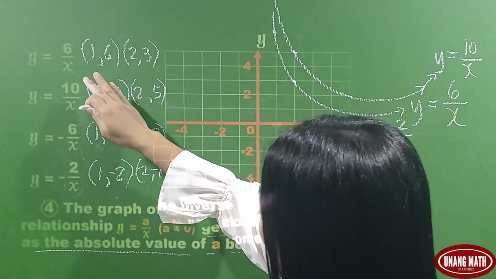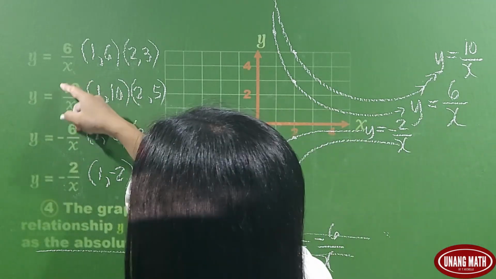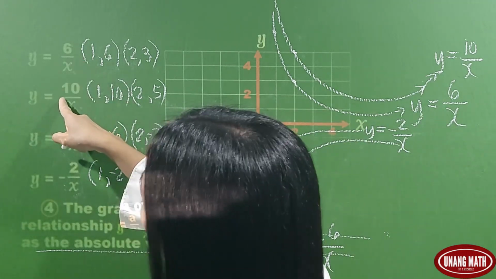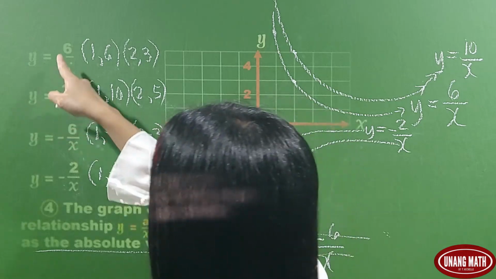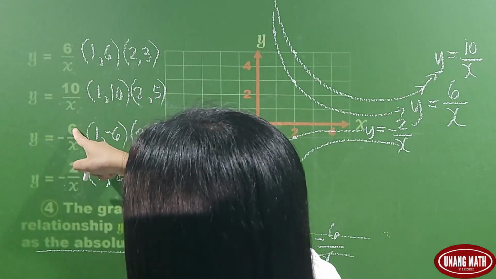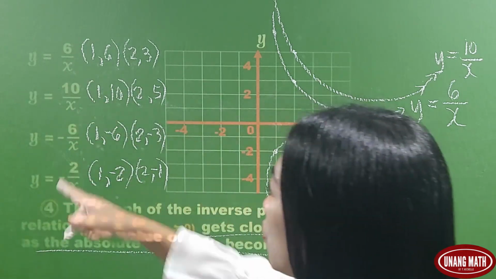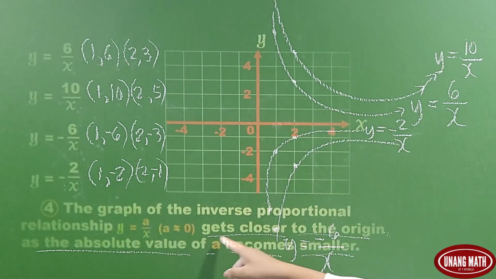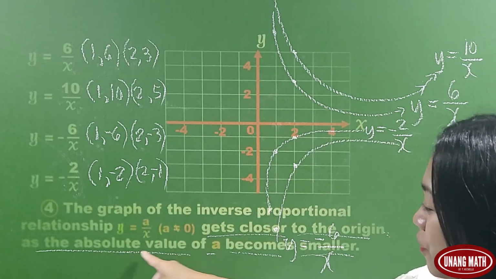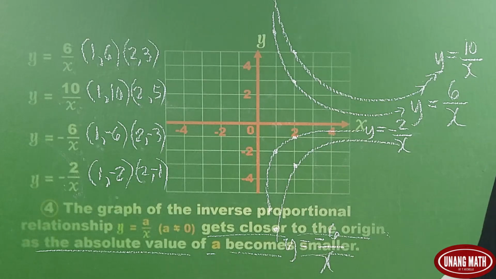Okay, so absolute value means we will ignore the sign of the value of a. So 6, 10, so this is 6, 2. According to this one, it gets closer to the origin as the absolute value of a becomes smaller.